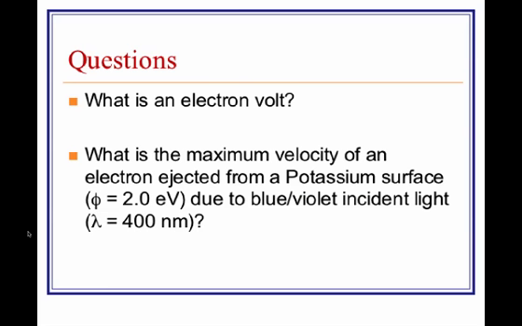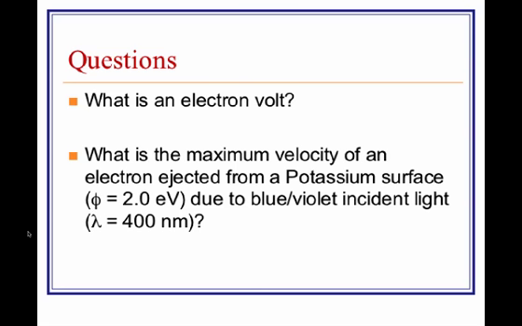All right, 2 questions. What is an electron volt? For this, I'd also like you to say what the equivalent of an electron volt is. So just what it is and what its equivalency is.